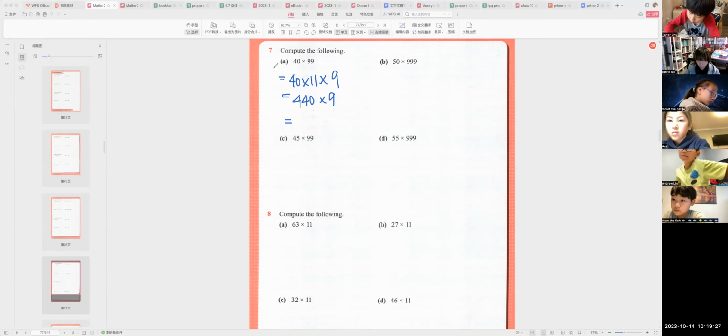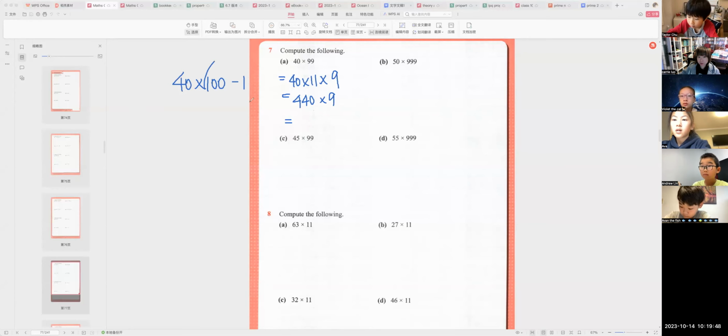Get it? Why is it harder? But 40 times 100 minus 1, you can just do 4,000 minus 40 equals 3960. It's much quicker to do it this way, I think, but it's up to you.